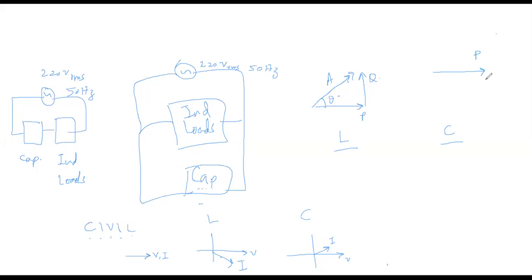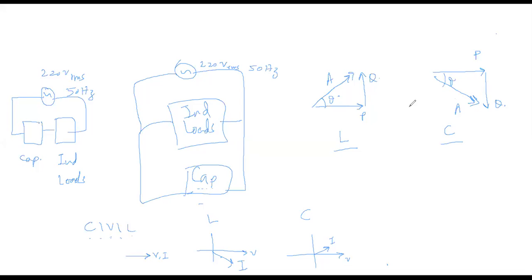The real power is again in the same direction, but the reactive power is now in a reverse direction. Otherwise the triangle looks the same, it just appears a bit inverted, because in an inductor the reactive power is stored differently than in a capacitor, because they are like two opposite devices.